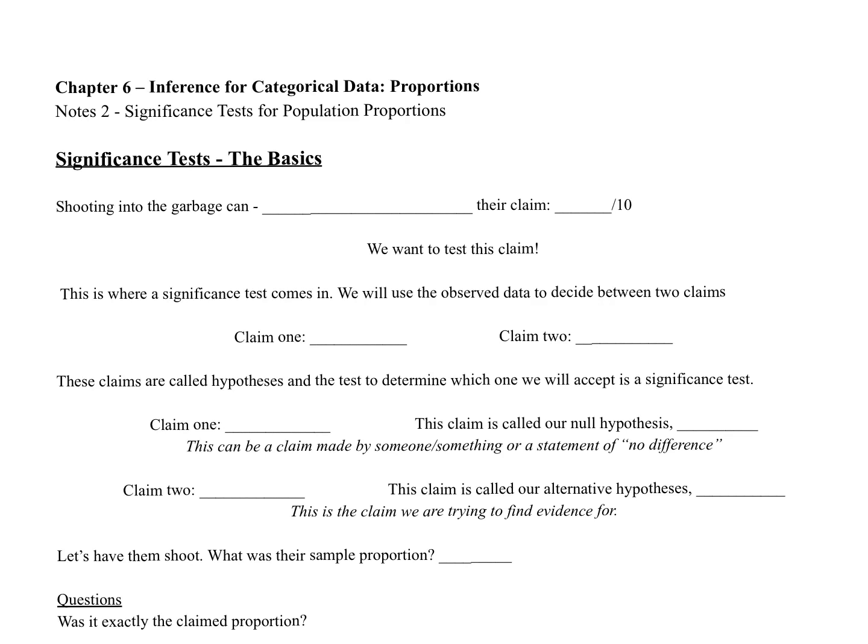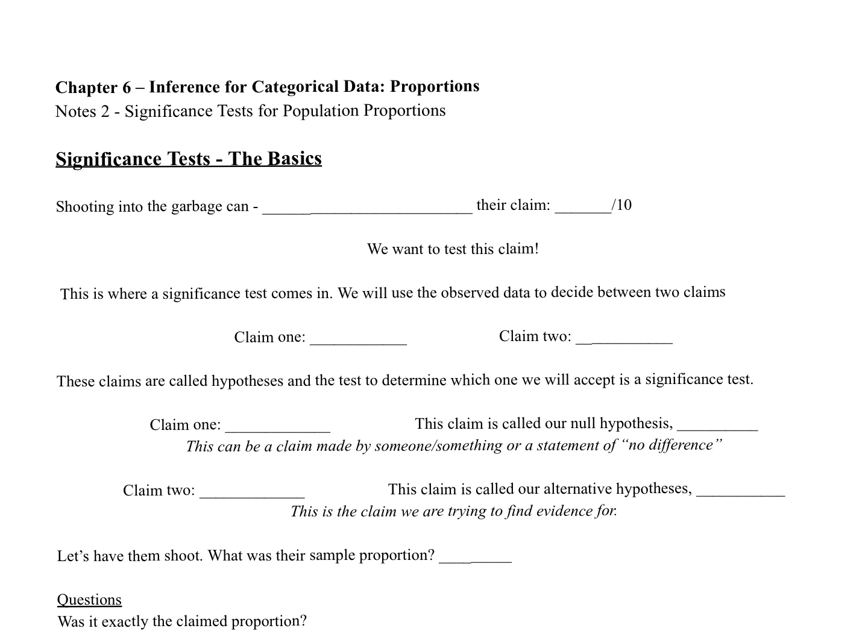In section 2, we are going to talk about performing significance tests for population proportions. To introduce the topic, we're going to look at an example of how a significance test works.